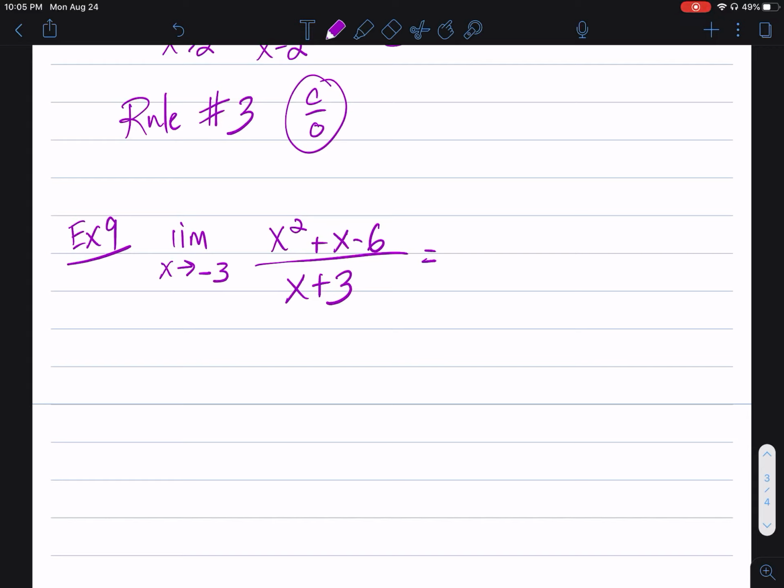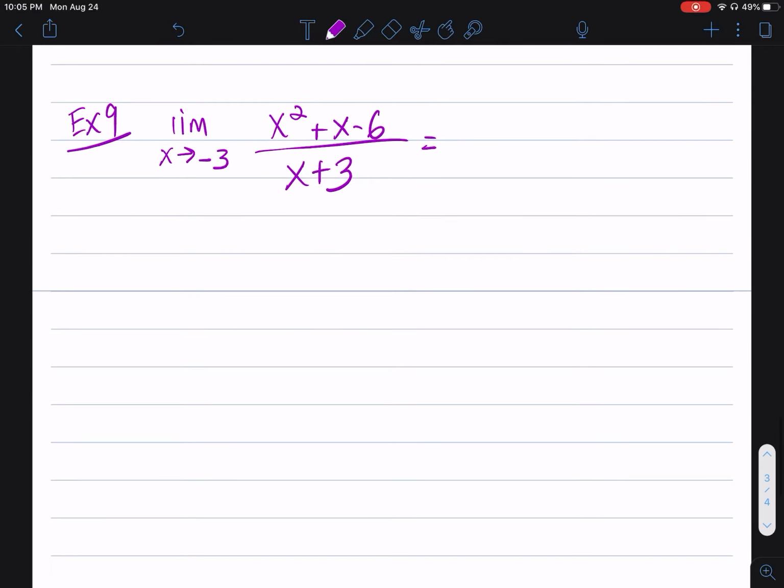I see this x squared plus x minus 6 on top. That makes me think that I could possibly factor that. So the thought process when I'm factoring, and you do not have to think of it this way, this is just how I do it. When I'm factoring, I'm going to think about this number, and the thought that I'm going to go through is what are the factors of 6 that subtract to 1.